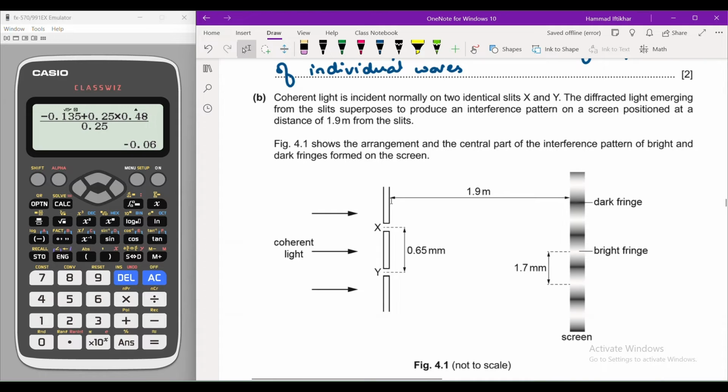Okay, so coherent light. The coherent light is incident normally on two identical slits, X and Y. The diffracted light emerging from the slits superposes to produce an interference pattern on a screen positioned at a distance of 1.9 meters from the slits. Figure 4.1 shows the arrangement and central part of the interference pattern of bright and dark fringes on the screen.